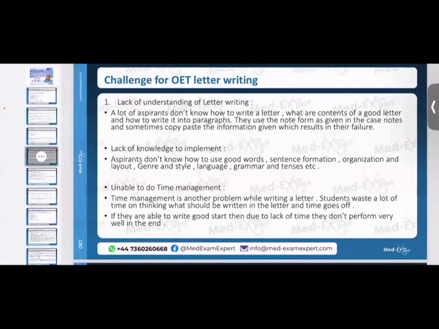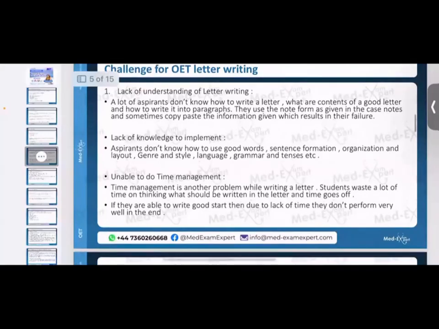Lack of knowledge to implement. Aspirants do not know how to use good words, sentence formation, organization and layout, gender and style, language, grammar, and tenses. Sometimes students think, okay, I'm going to use very fancy English, my vocabulary is so high, so I'm going to write like this.